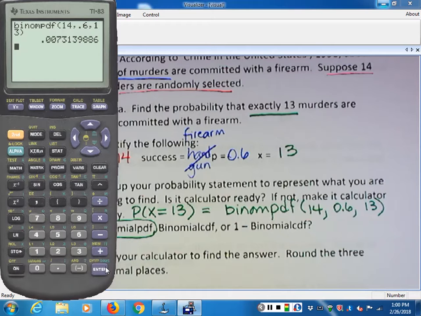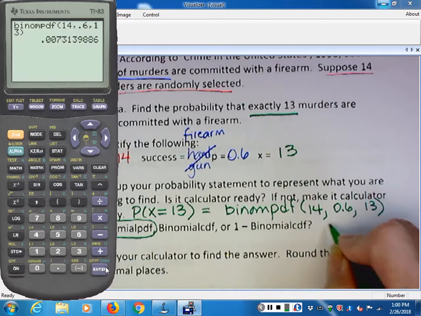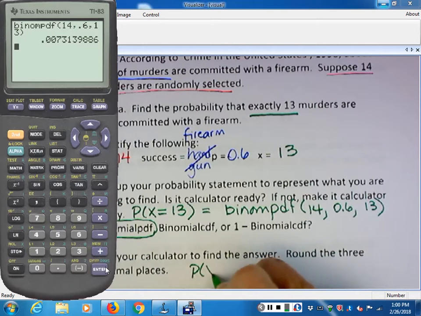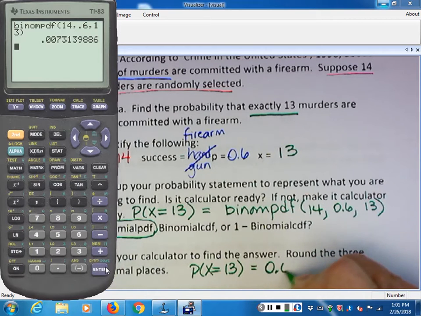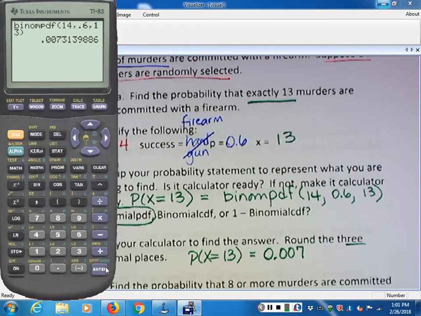So exactly 13 is kind of a low percentage. And it says round to 3 decimal places, so 0.007. Okay?